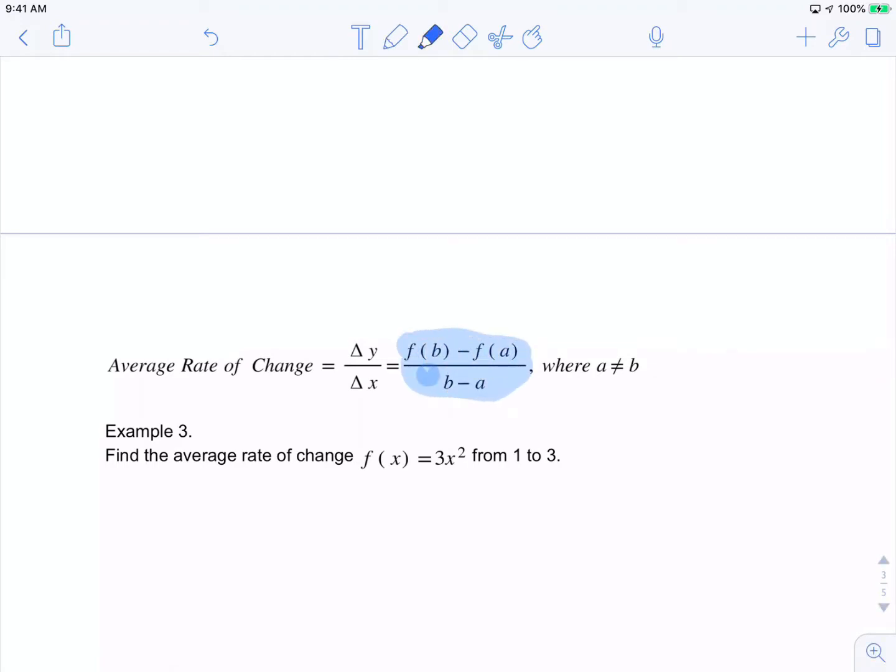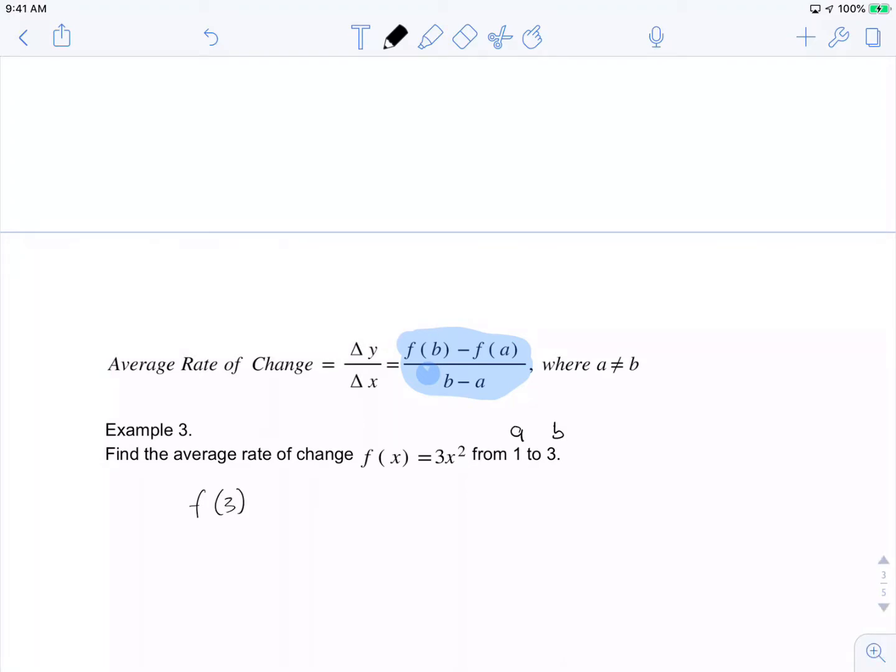And in fact, the average rate of change for what we're doing here is going to be slope, and we're going from A to B. So in our example that we have, we're going from A to B. So when we look at this to find the slope of this, to find the average rate of change, it's going to be f of 3 minus f of 1 all over 3 minus 1.